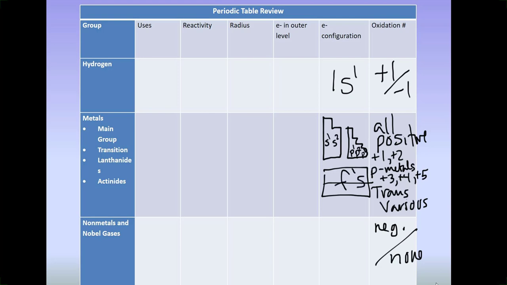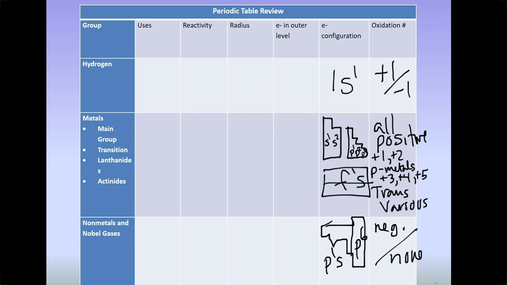That is what their electron configurations are going to look like. Your nonmetals and your noble gases, you just draw that portion of the periodic table. So the electron configuration, we're filling the P's, and we do know that the noble gases will end in a P6.